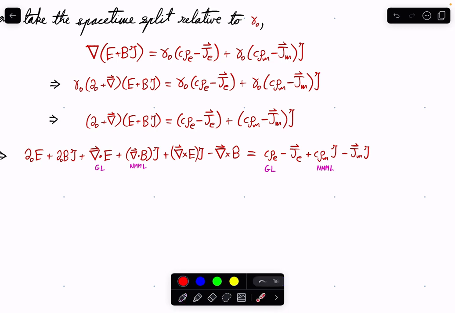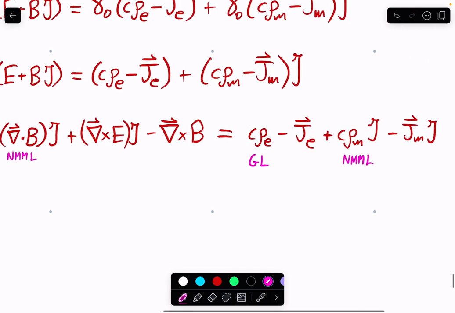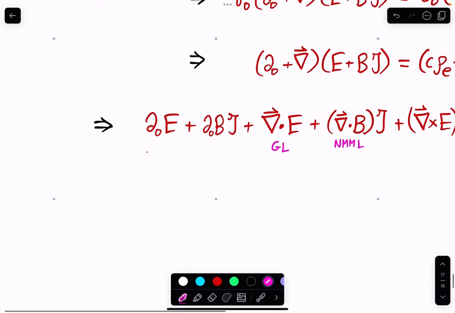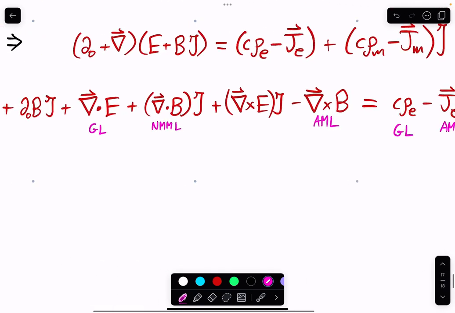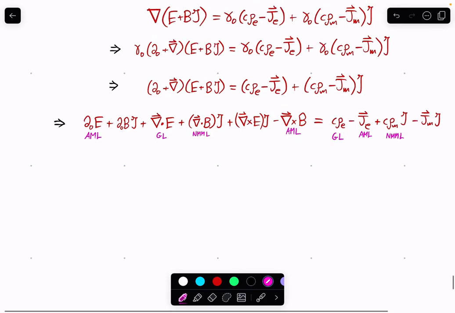Then the only vector terms: this is a vector term, and this is a vector term, and this is a vector term. So this must be the Ampère-Maxwell law. And then that just leaves the last little bit, which is Faraday's law. Oh, or is it the other?